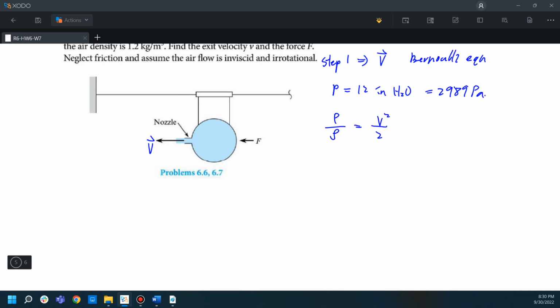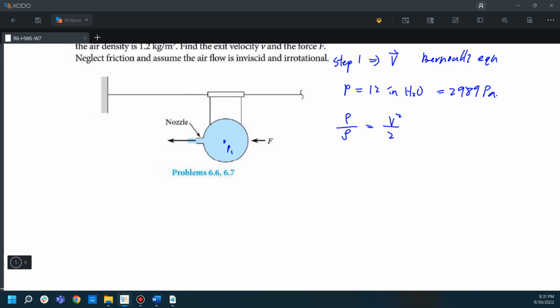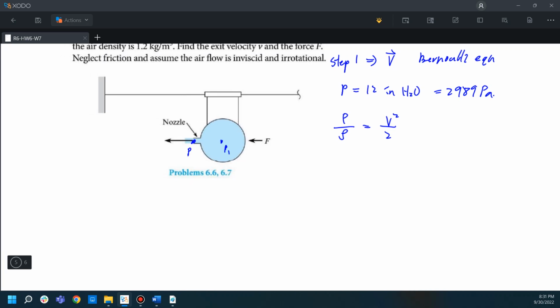We don't have the elevation term because they are on the same datum, so that term just cancels out. Right. I didn't write the Bernoulli equation from the beginning, but you should know that this will be point 1 and this will be point 2, as you defined in the previous homework.